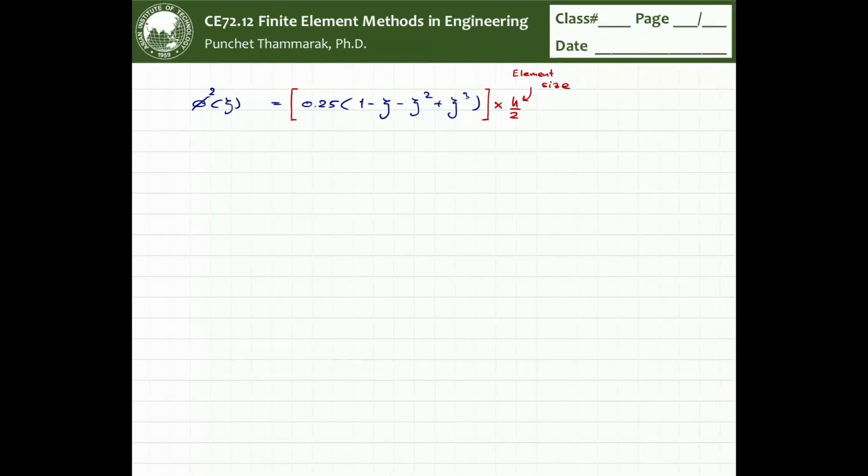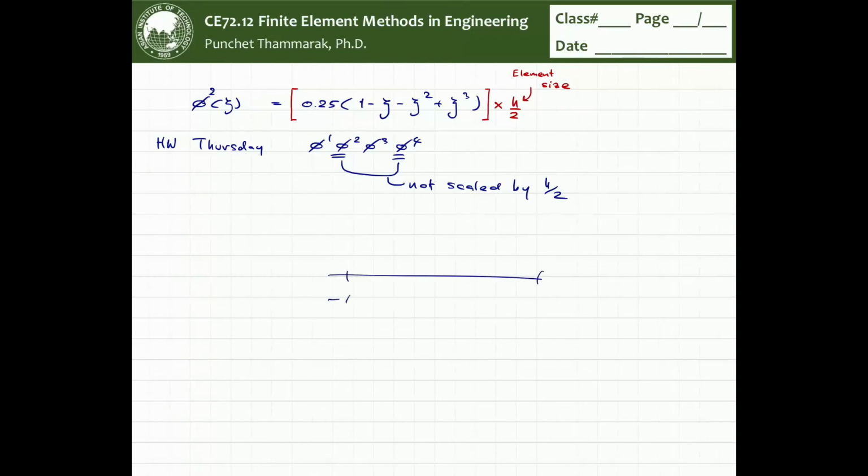So, a little homework that is due on Thursday. I need you to plot phi 1, phi 2, phi 3, phi 4. For phi 2 and phi 4, give me the one which is not scaled by h over 2. So you have the -1 to 1, everything not scaled by h over 2.